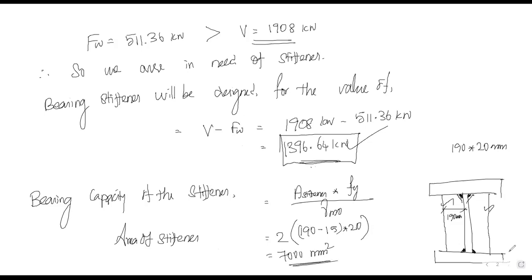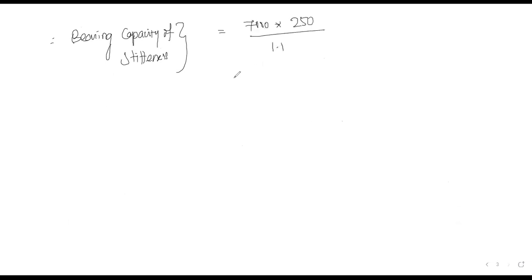Fy value we know is 250 Newton per mm squared, and gamma m naught we know. Therefore, bearing capacity of stiffener: area 7000 multiplied with the Fy value 250 Newton per mm squared and divided by gamma m naught, which is 1. It becomes 1590.91 kilonewton.